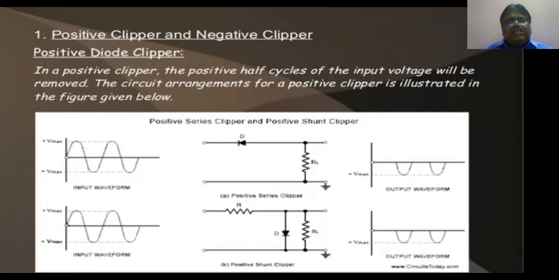When the diode is connected in parallel to the load, that is called a shunt. Positive clipper means only the positive portion of the input signal is removed and the remaining negative portion will be at the output side. That is the clarity of the positive clippers.